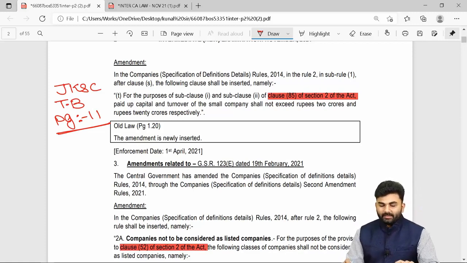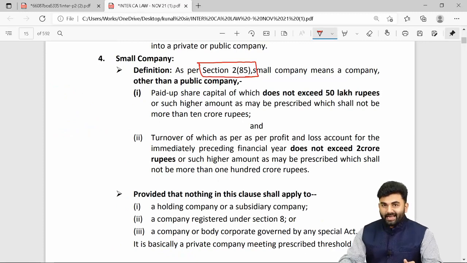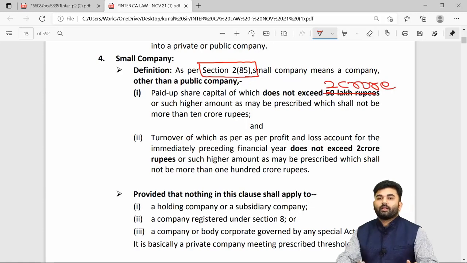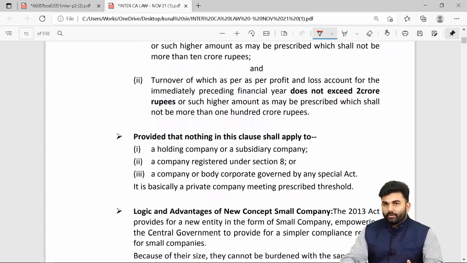See, the definition of the small company said that the paid up capital should not exceed 50 lakh rupees. Now instead of 50 lakh rupees, you need to make it 2 crores. The turnover used to be not exceeding 2 crores, which you now need to change to 20 crores.